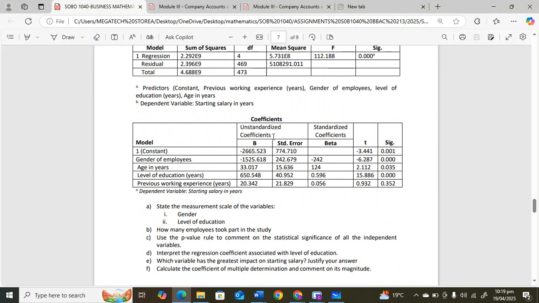So, question A, state the measurement scales of the variables gender and level of education. Yes, colleagues, do you remember? Was it in question 16 we had a similar question like this about the measurement scales? What scales did we use last time? And what were we basing them on?